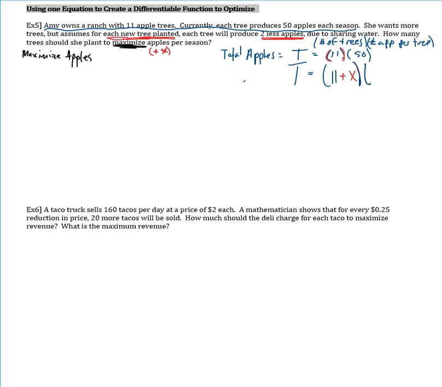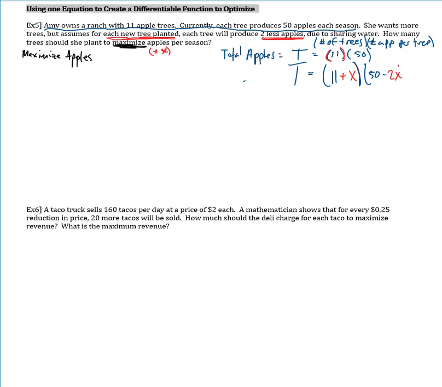And then for each x that we add to 11, we have to subtract 2 from the apples, so 2 less apples. So 50 minus 2x.